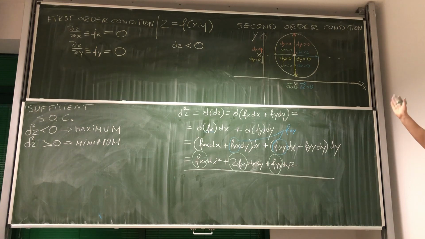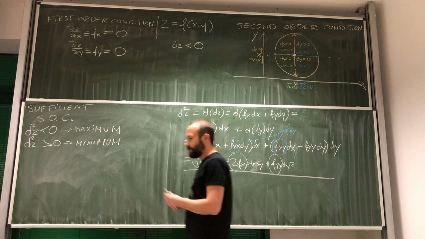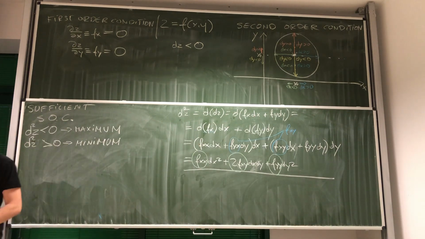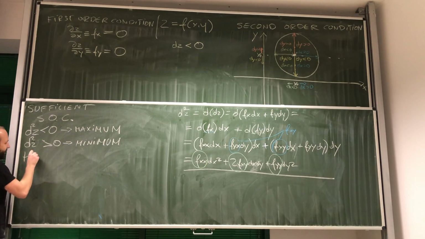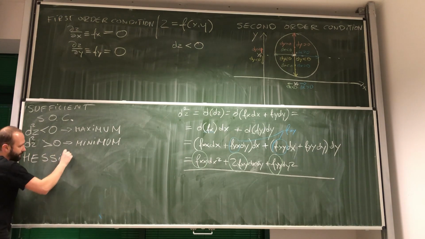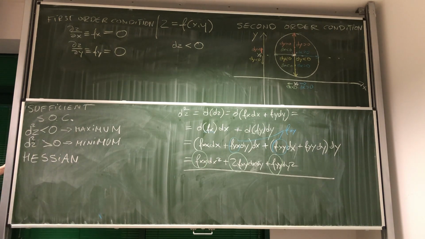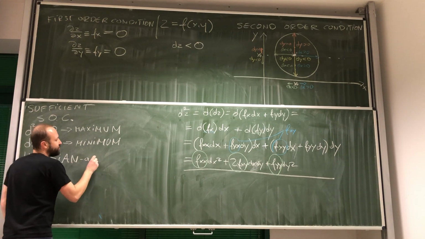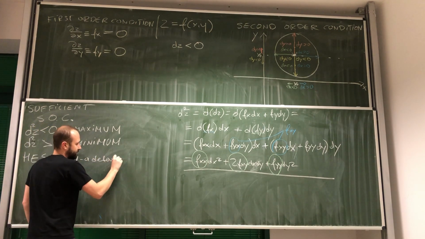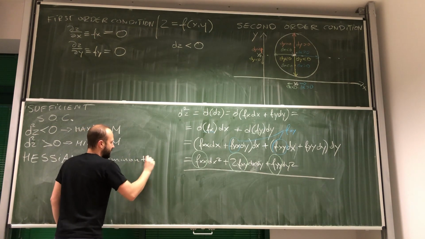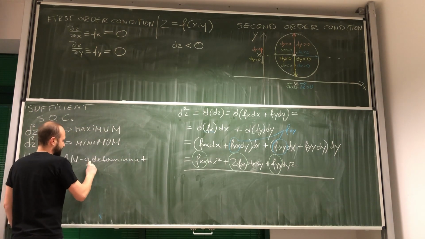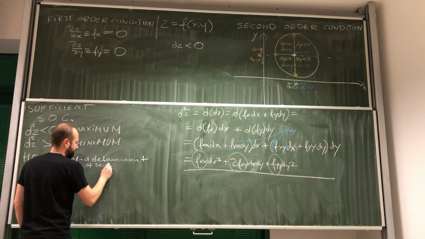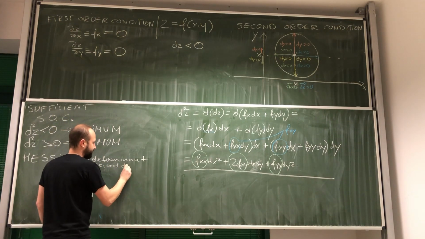They are always positive when squared, but not for dx and dy themselves. And the device we are going to use over here is called a Hessian. And the Hessian is a determinant of second derivatives.